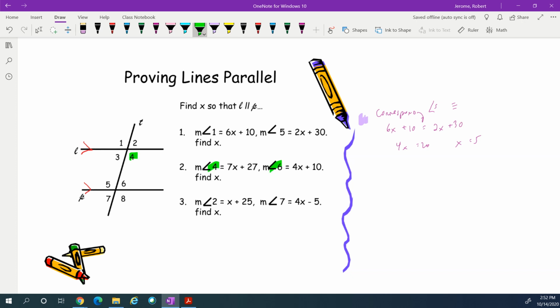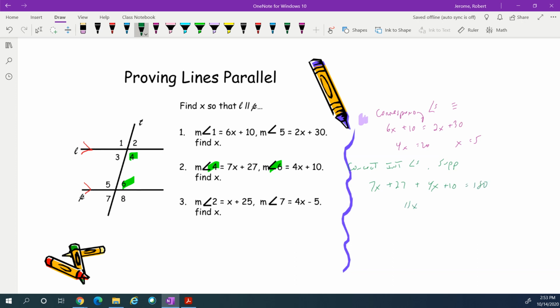4 and 6. 4 and 6 are consecutive interior angles. Those should be supplementary. So 7x plus 27 plus 4x plus 10 equals 180.